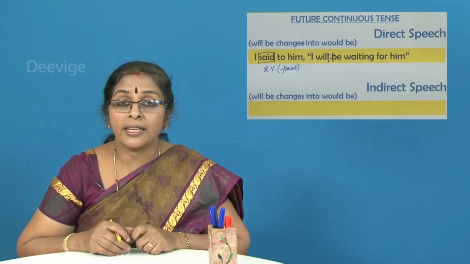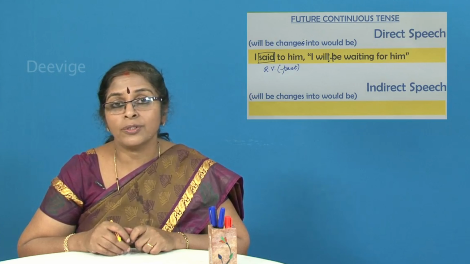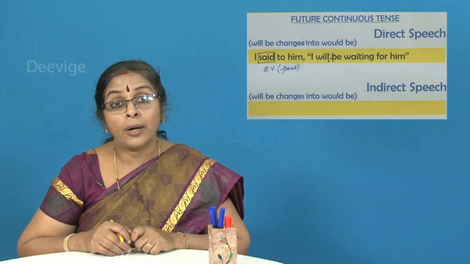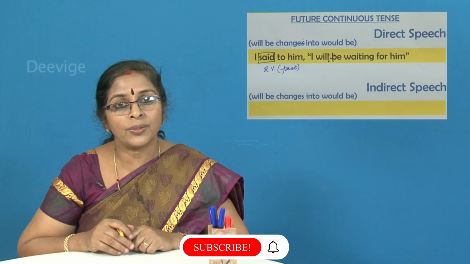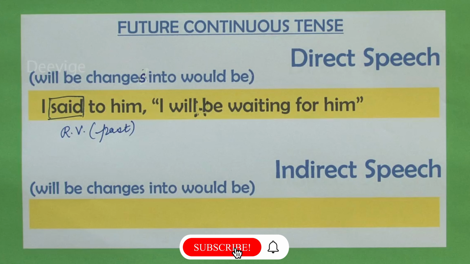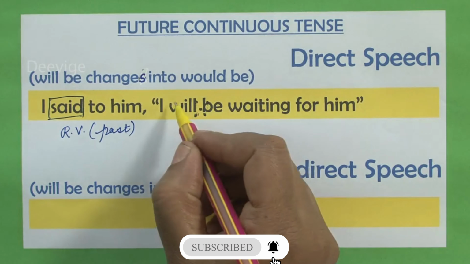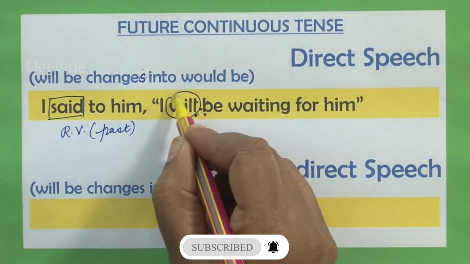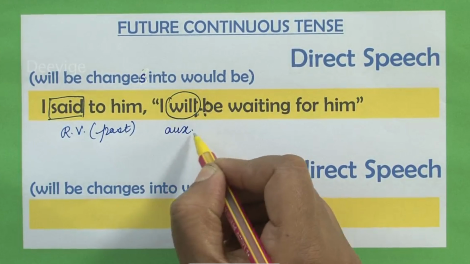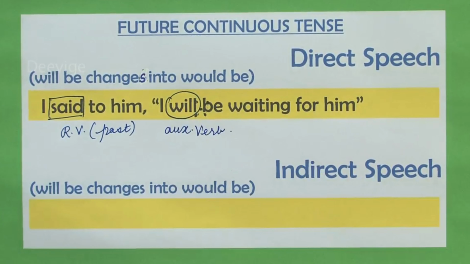Now you have again the auxiliary verb. You also have the main verb. Now you have to be very quick in answering which is the auxiliary verb. Auxiliary verb is will, and it indicates future time.